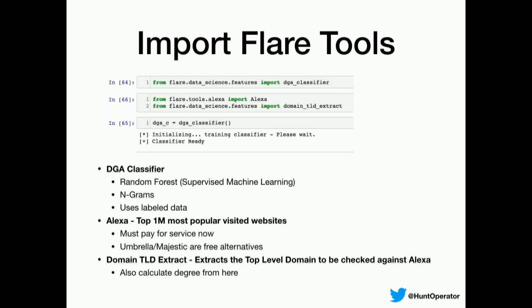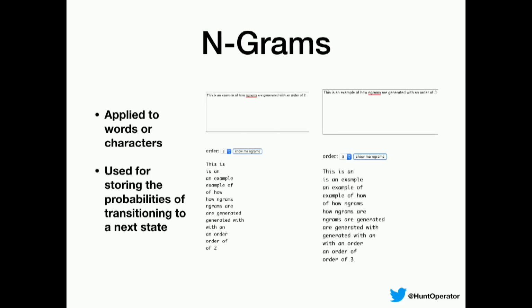I also just recently added Majestic 1 million to it, just because it's free, and the score went up a little bit. And it also does domain TLD extraction. So there's subdomains, maybe some random subdomain, and then google.com. It'll extract out just the google.com portion for you, and then compare that against Alexa.